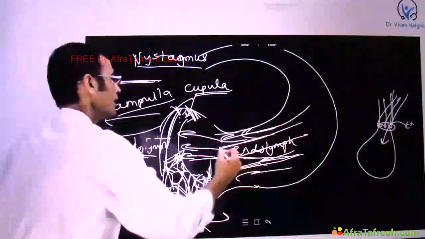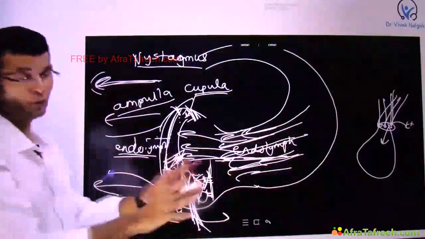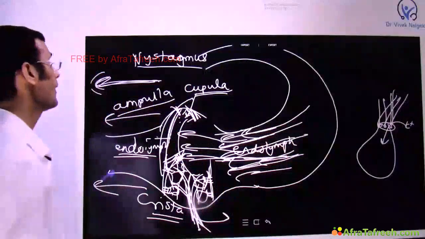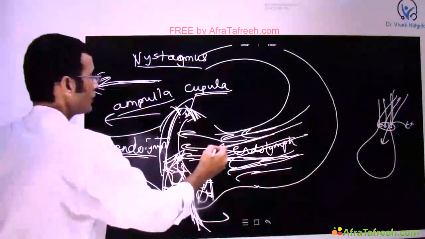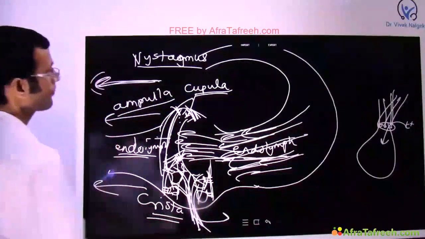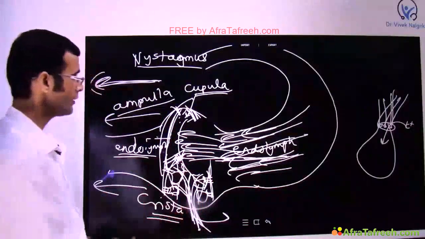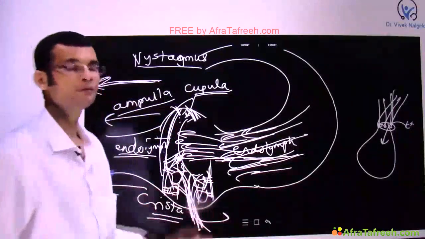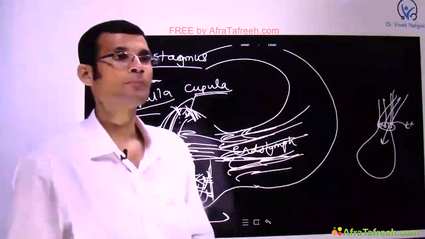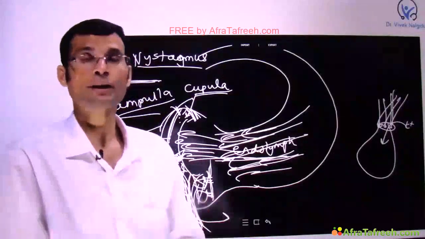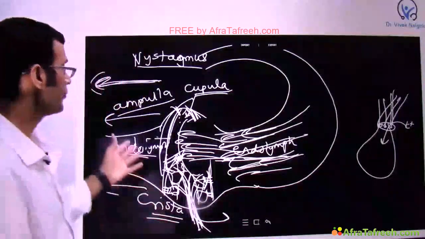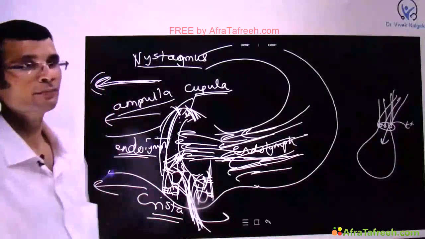Now endolymph is continuing to move even though the head has stopped moving. Therefore now the cupula bends like this, and that will again generate signals in the vestibular nerve, and this time it will be called post-rotatory nystagmus, the jerky oscillatory movements of the eyes.